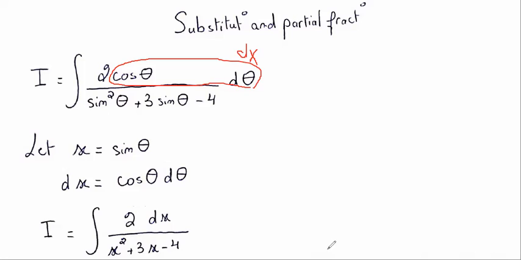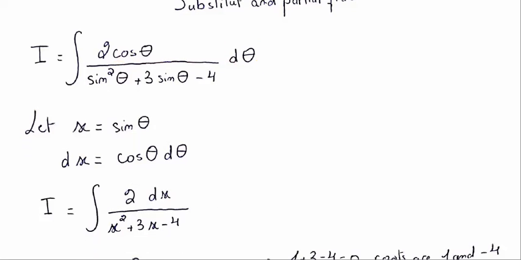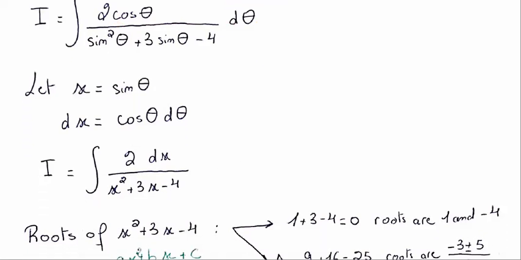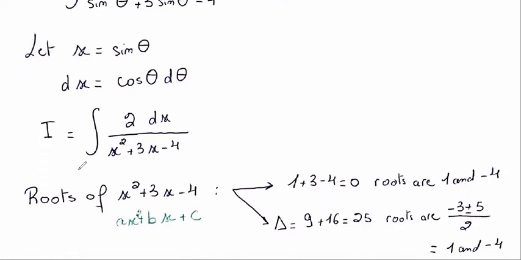To solve this integral, I have to decompose it into partial fractions. So first of all, I need to find the roots of the denominator, the roots of x squared plus 3x minus 4, which is a second degree polynomial, ax squared plus bx plus c. Either you say that a plus b plus c is equal to 0, which means the roots would be 1 and c over a. C over a is minus 4 over 1, so it's minus 4.